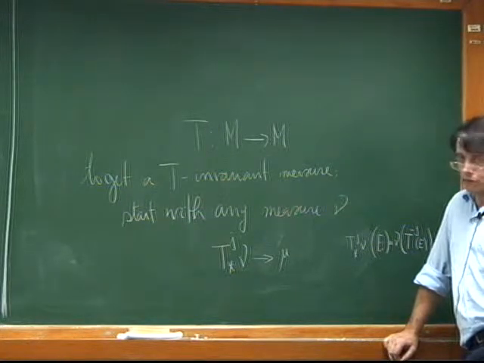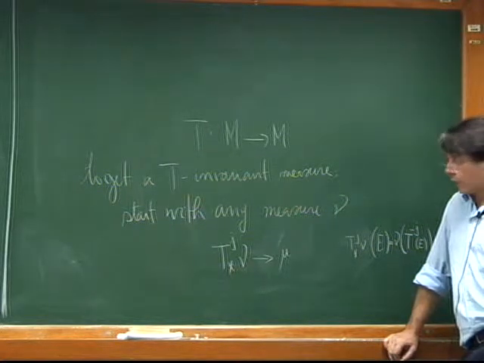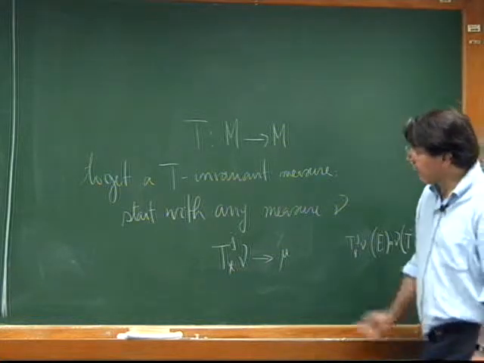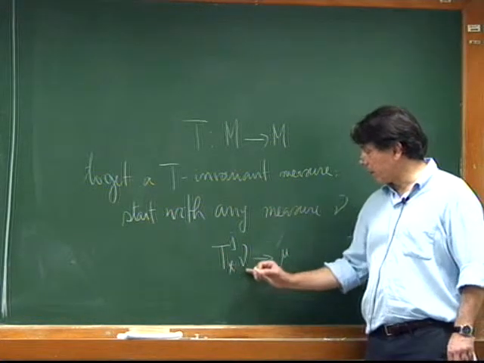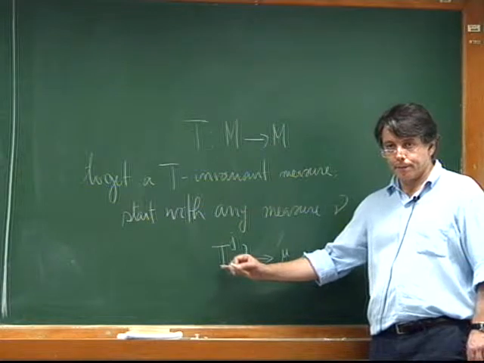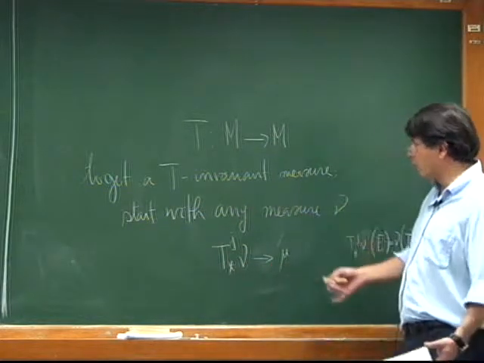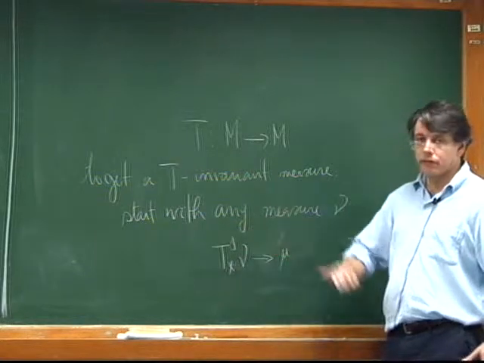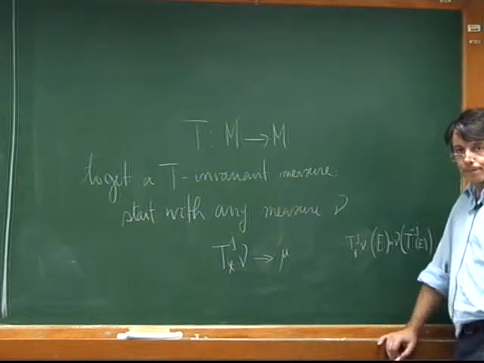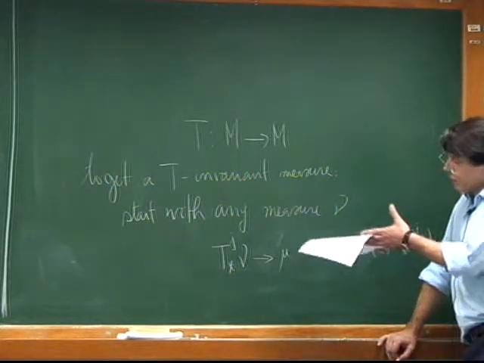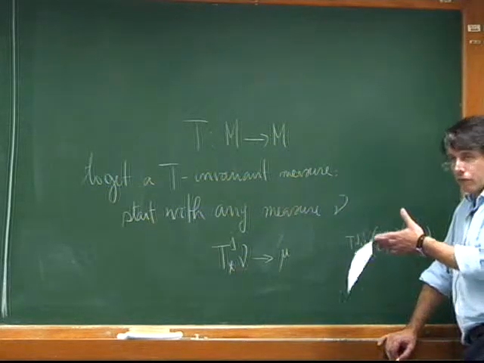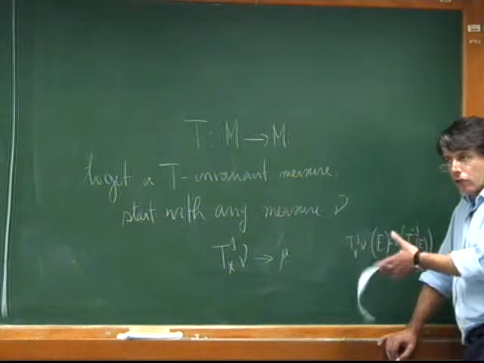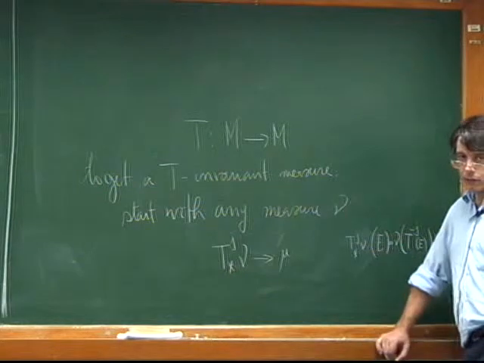But in general, it doesn't converge. The one thing that you can say is that this sequence has some subsequence that converges. Because if you are in the right place at the right time, the space of measures is compact, then any sequence has a subsequence. But if you take a subsequence and the subsequence converges, it's not true in general that the limit is an invariant measure.